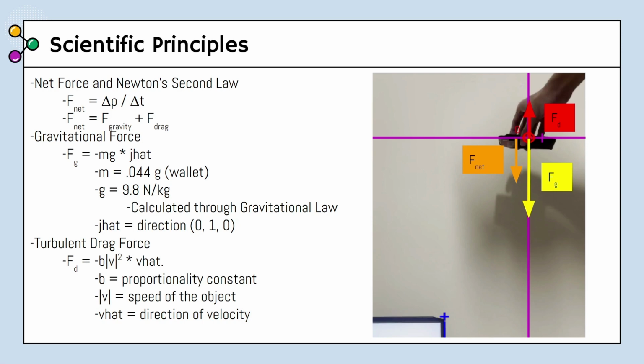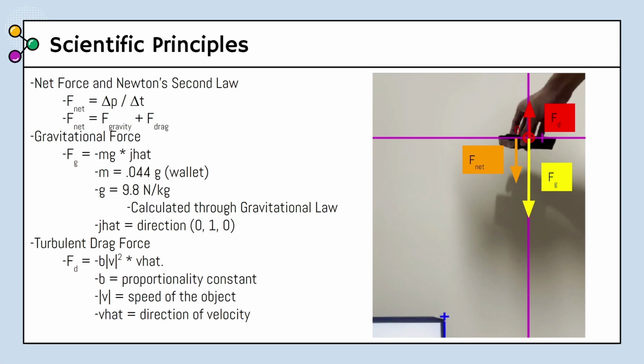Our mass is 0.044 grams, as in the wallet, our gravity is 9.8 newtons per kilogram, which is calculated through our gravitational law, and our j hat is our direction. For turbulent drag force, we have negative b times the speed squared times the direction of our velocity, and b is our proportionality constant.